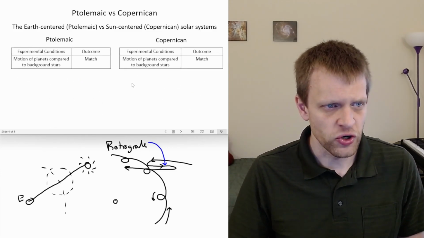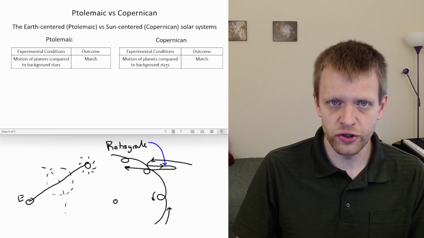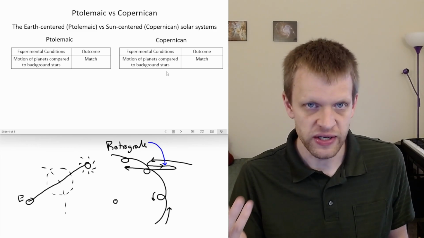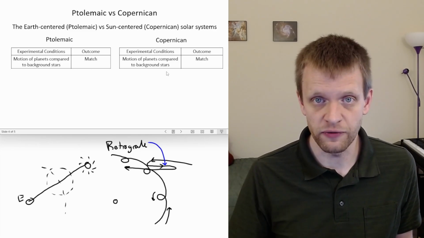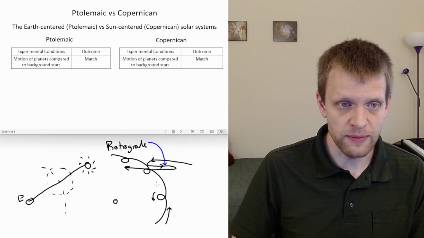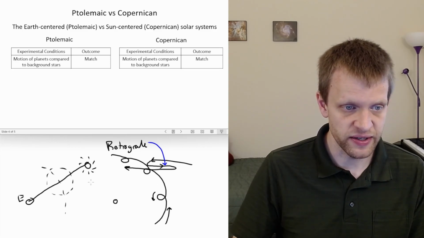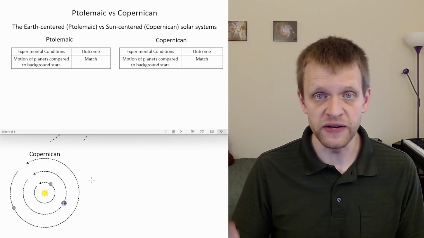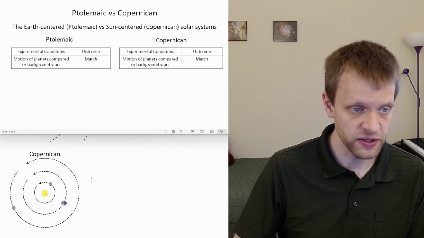Okay. So they both did a fairly good job of describing the motion of planets compared to background stars, even though they have these two very, very different models. Again, both are able to explain things like why we never see Mercury and Venus very far from the sun.